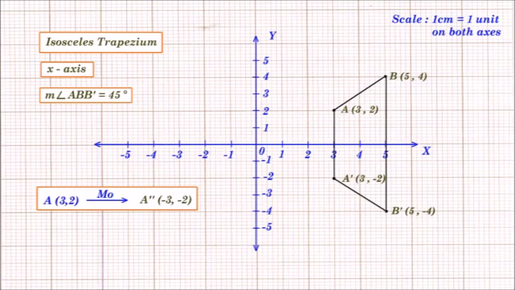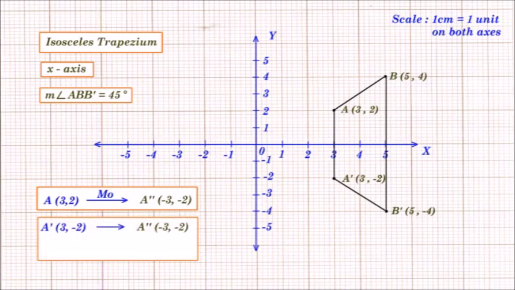Now we also want to find the single transformation that maps A dash to A double dash. That is, A dash with coordinates 3, minus 2 is transformed to A double dash with coordinates minus 3, minus 2. So the reflection is obviously in the y-axis.